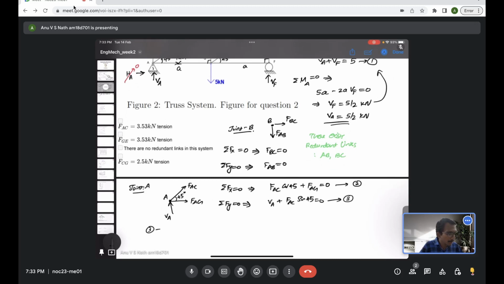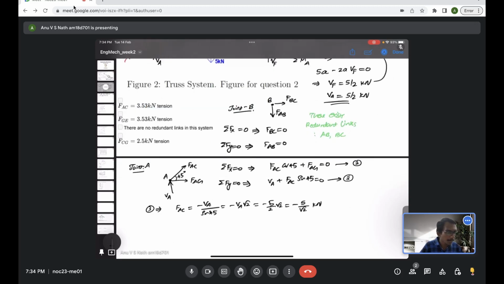From the third equation, we can write FAC equal to minus VA by sine 45. Sine 45 is 1 by root 2, so it's minus VA times root 2, and VA is 5 by 2, so it is minus 5 by root 2 kilonewton. So what is the value of 5 by root 2? Let me evaluate.